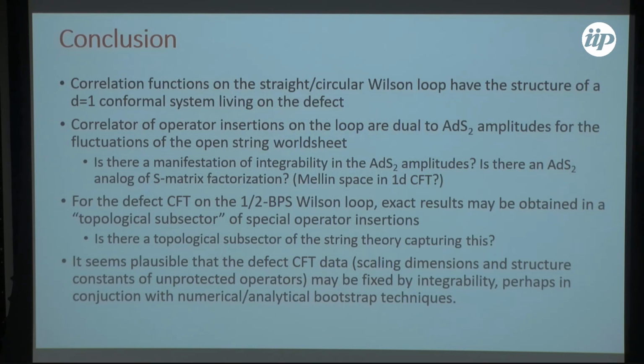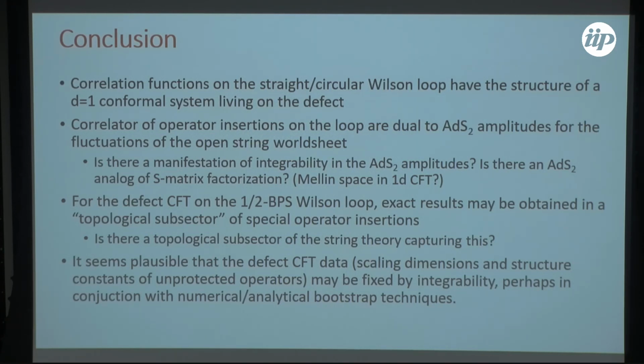It will be interesting to see whether there is a manifestation of integrability somehow in the AdS2 amplitudes. Maybe there is some analog of factorization that you can see at the level of Witten diagrams. But I'm not sure what's the right way to study this. One obvious guess is that one needs some kind of Mellin space description of these amplitudes.